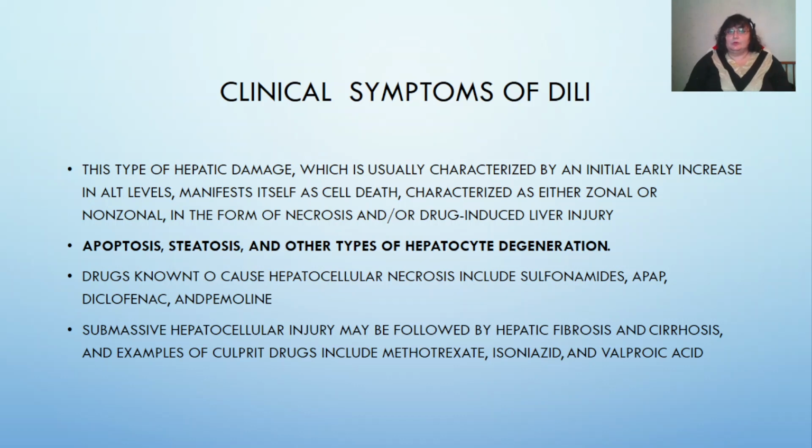Drugs known to cause hepatocellular necrosis include sulfonamides, APAP, diclofenac, and pemoline. Submassive hepatocellular injury may be followed by hepatic fibrosis and cirrhosis, and examples of culprit drugs include methotrexate, isoniazid, and valproic acid.